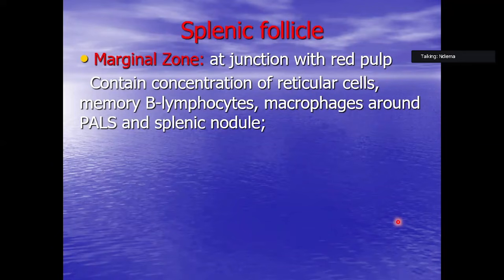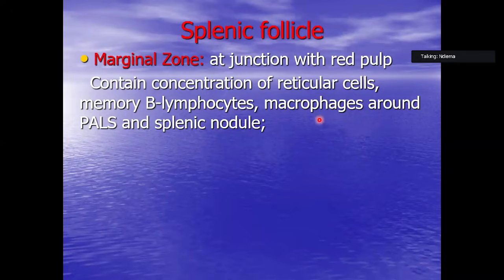If you remember, reticular cells are cells that produce reticular fibers. But we also have dendritic cells, which are very important in activation of the cells as antigen-presenting cells. We have B memory cells within the marginal zone, and we have macrophages.